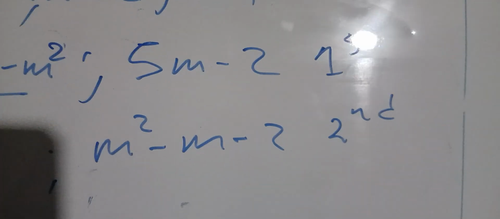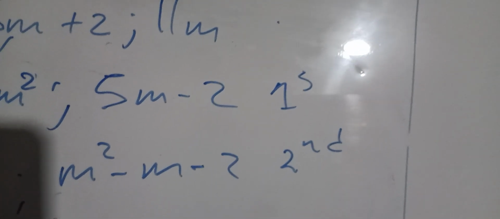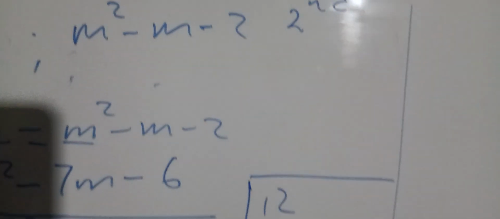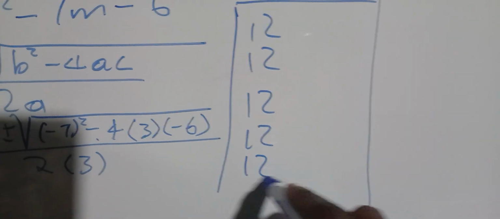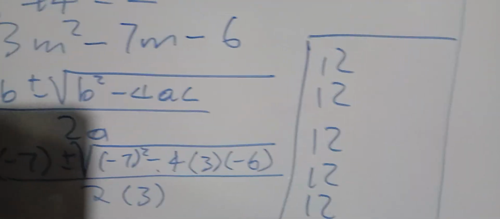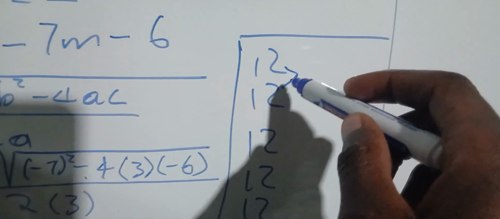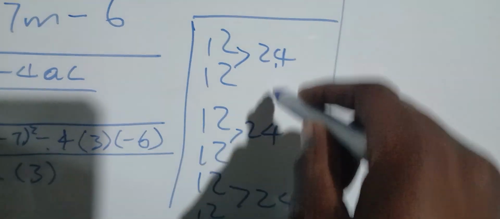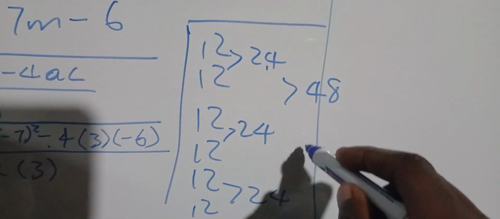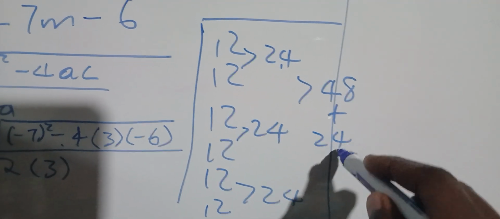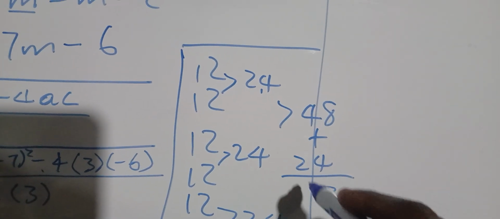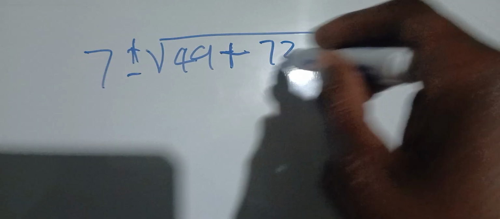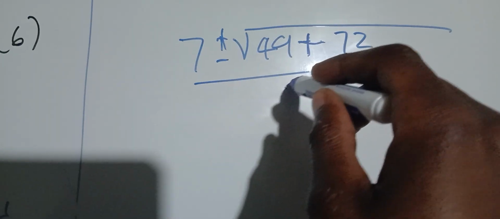Now we have 4 times 3, which is 12, and then 12 times 6, which is 72. So I have 49 plus 72, which is going to be 121, all over 2 times 3, which is 6.